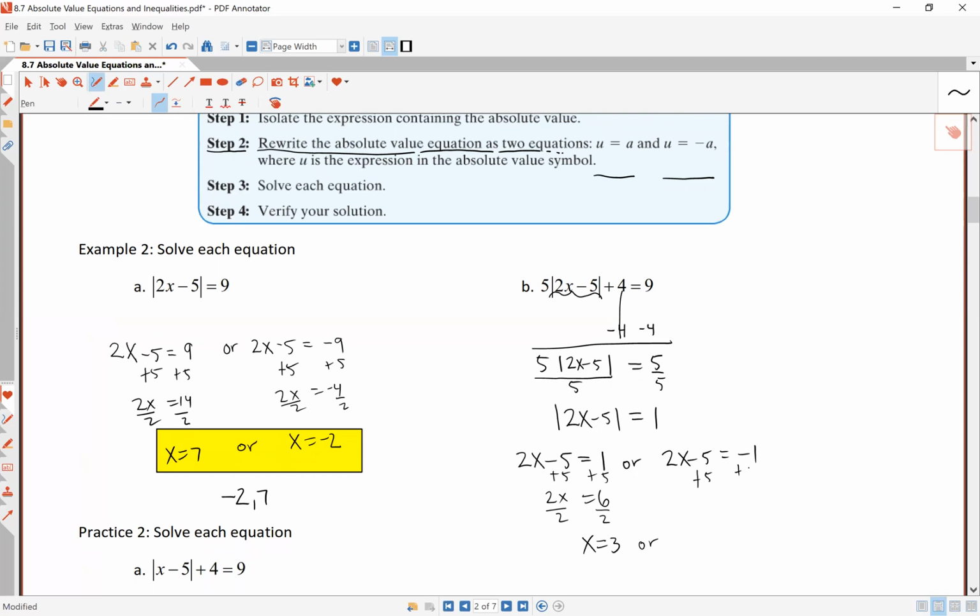Add 5 to both sides and divide by 2. So 2 or negative 3 are the solutions.